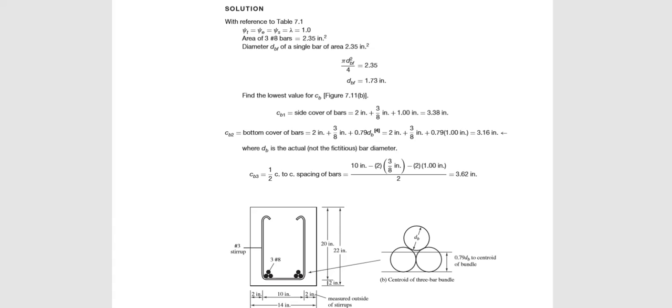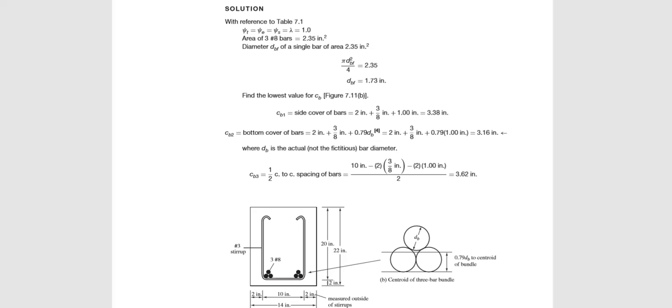Fictitious means not real, an imaginary bar. So pi d square by 4 equals 2.35. That means that is 1 bar, and that is the sum of the 3. Then they calculated the diameter of the fictitious bar this way.